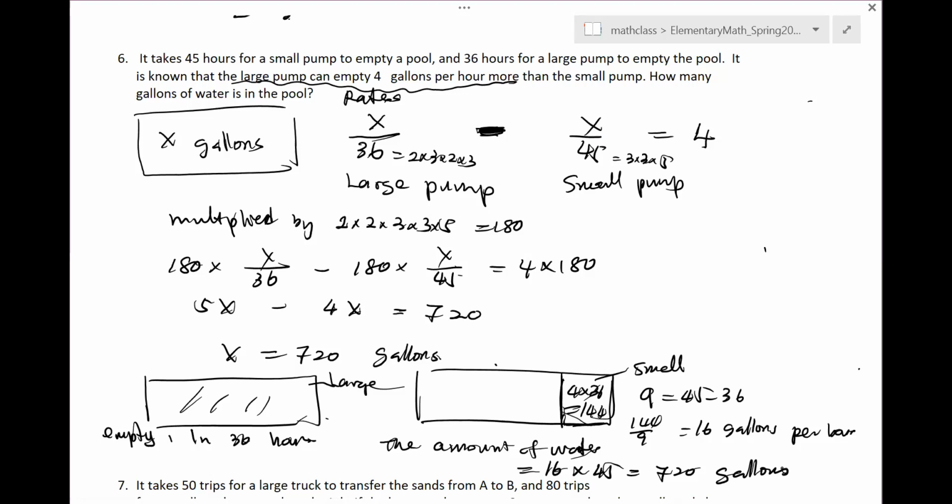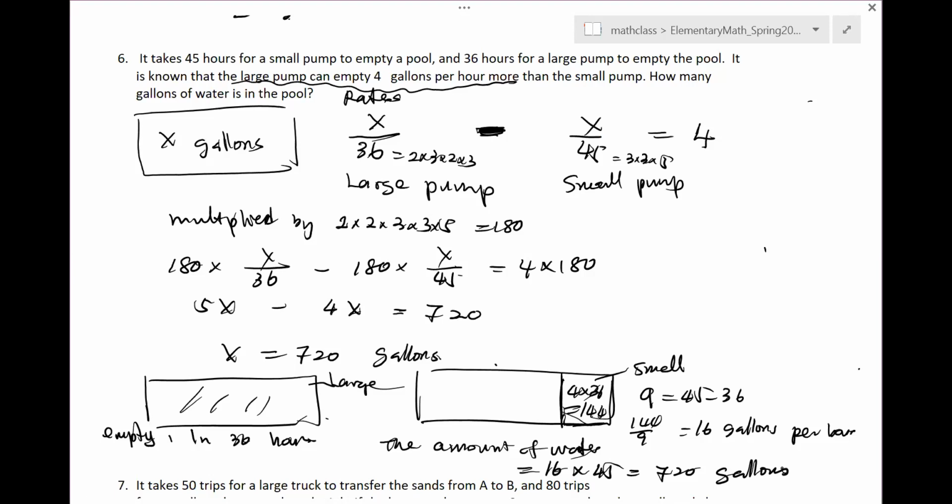So that's why you can figure out the rate for the small pump. And then you solve the problem, then you multiply 45 times the rate to get the total amount of water. Okay, but without using equations, you still can solve it, but you have to be much smarter to do the comparison.